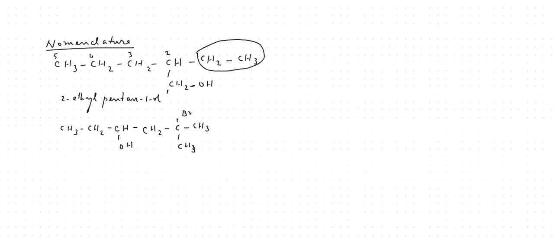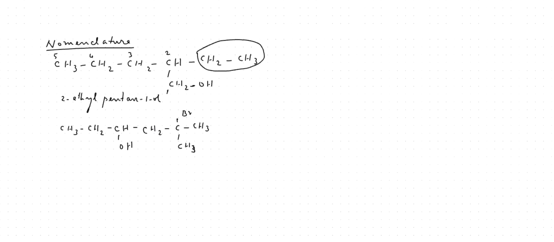Now, from your previous knowledge, certain things you can discern about this alcohol. First of all, find out whether it is a primary alcohol or a secondary alcohol. Look at the carbon to which the OH group is attached. This carbon is further attached to 2 more carbon atoms. So it is a secondary alcohol.